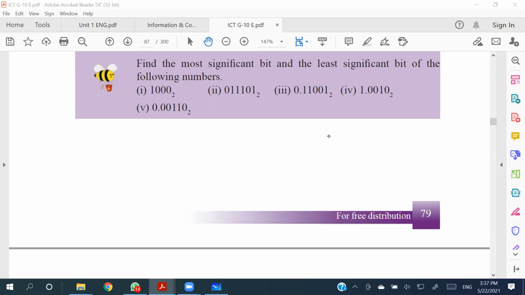Osanda, the second one is correct. Good. Ravindu, third one is correct. Tesandu, fourth one is correct. Osanda, the third one is correct. Ravindu, fourth one is correct. Tesandu, fifth one is correct.